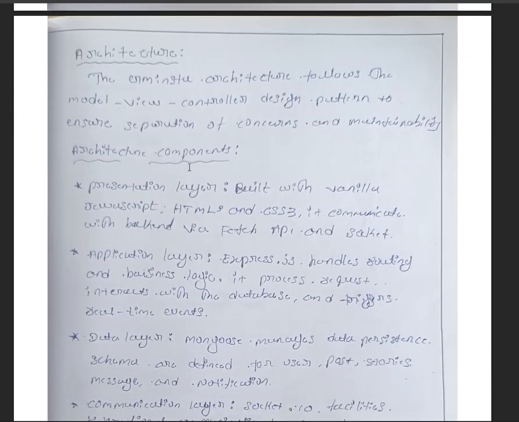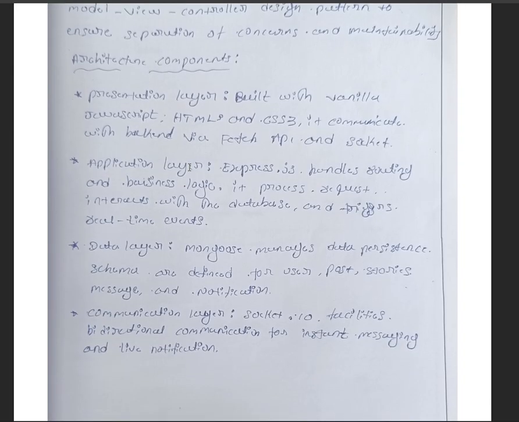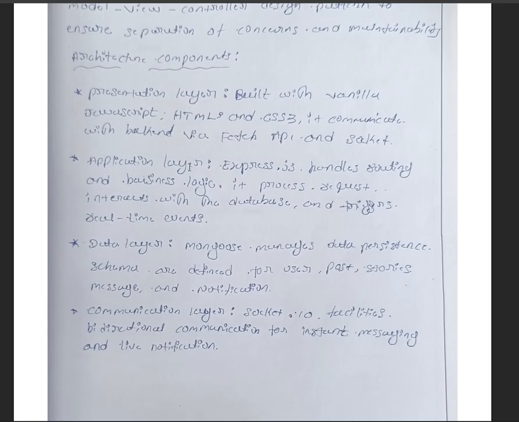Next, architecture. The GMinsta architecture follows the Model View Controller design pattern to ensure separation of concerns, with four components: presentation layer, application layer, data layer, and communication layer. The presentation layer is built with vanilla JavaScript, HTML and CSS3. It communicates with the backend via the fetch API and sockets. The application layer is ExpressJS, which handles routing and business logic.